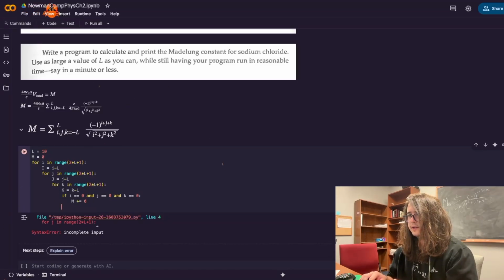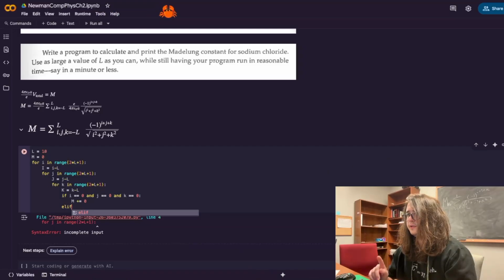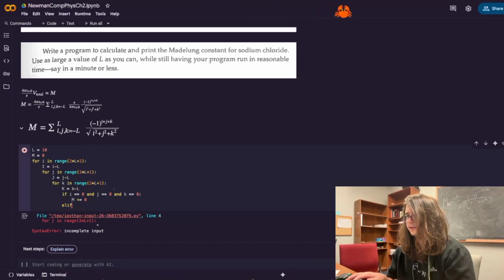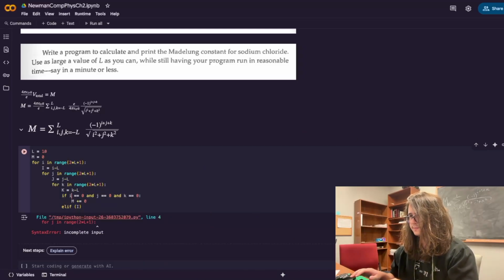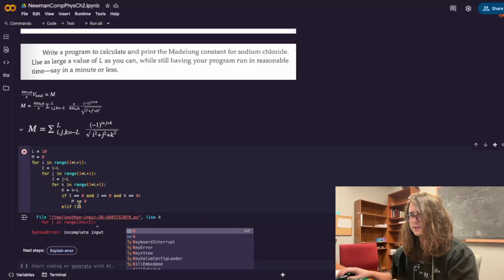Then the next if statement: if it's even, you add 1. If it's odd, you subtract 1. So let's do elif I plus j plus, and actually I just realized that these should all be capital I's, capital J's, and capital K's to stay consistent with our notation.